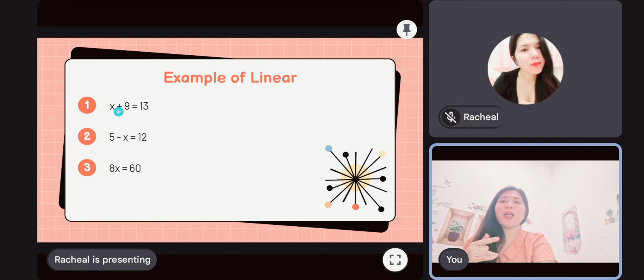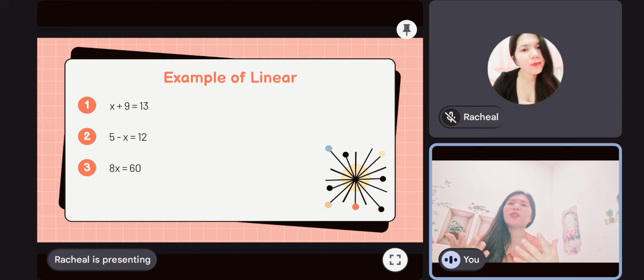So, as I have said, the linear is a variable that is raised to the first power. So if you can see that x squared plus 9 is equal to 13, it is not a linear equation, but instead we call it a quadratic equation.